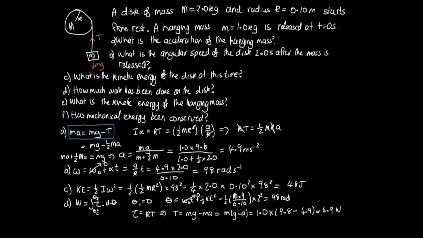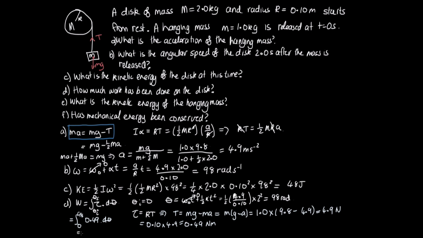So now we have the radius and we have the tension. Our torque is equal to 0.10 times 4.9, which is equal to 0.49 newton meters, and this is a constant value. So we can now put this into our integral equation. Our work done, we're going from 0 up to 98 radians, and our torque is 0.49 times d theta.